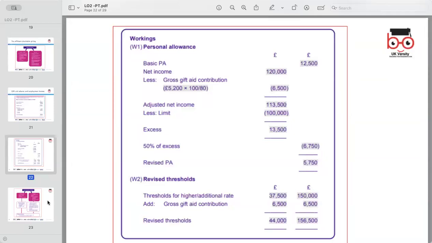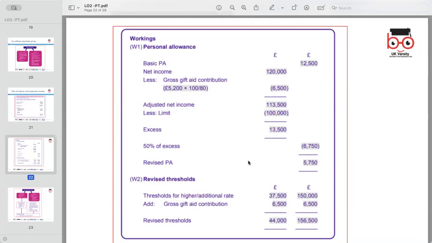The gross gift aid contribution, you can see the gift aid contribution of 5,200 pounds, is equivalent to 6,500 pounds grossed up by multiplying by 100 divided by 80. So there is a limit for personal allowance reduction, calculated as 50% of the excess over 100,000 pounds, resulting in 6,750 pounds. The revised personal allowance is then 5,750 pounds.